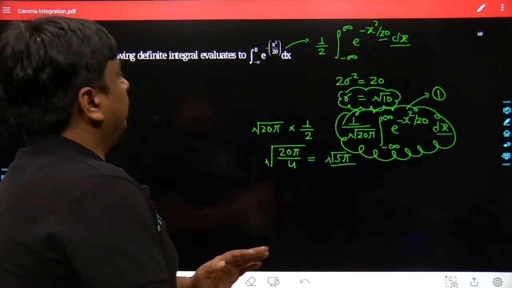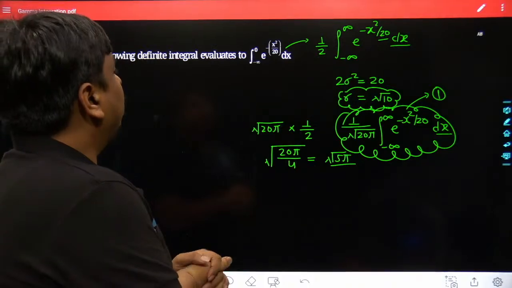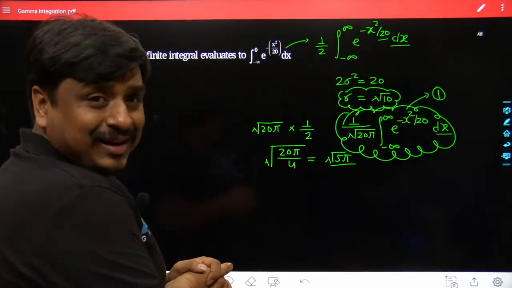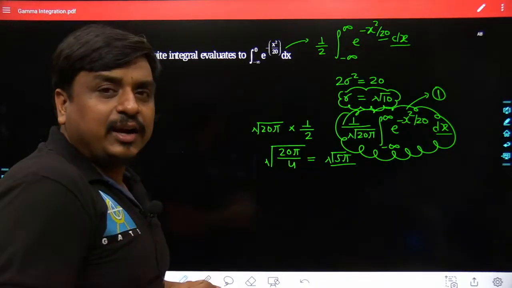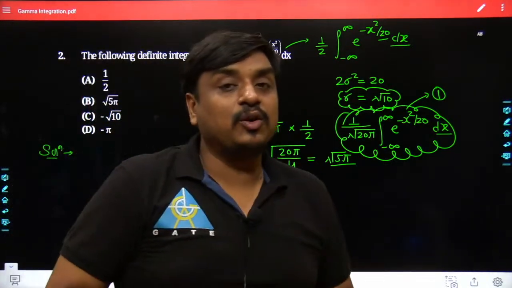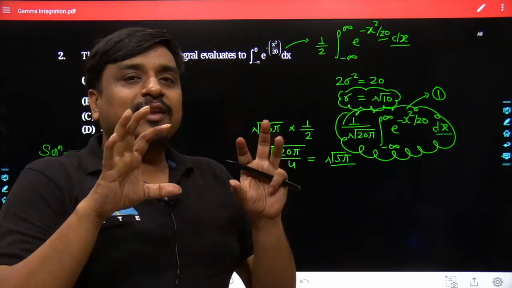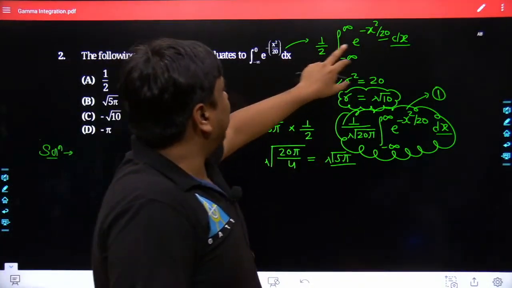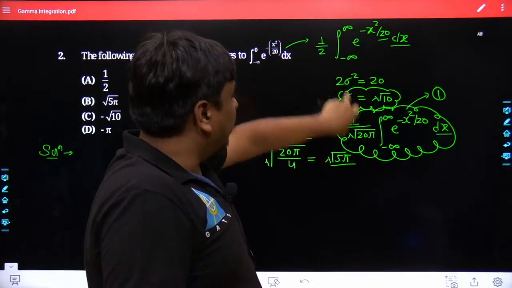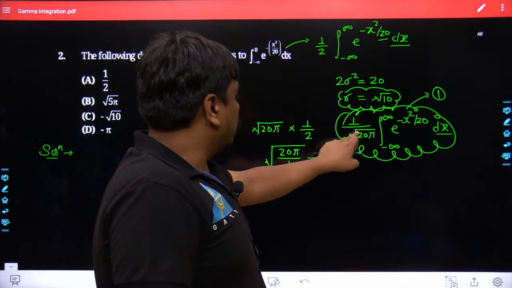So let me explain the complete process which we have been following once again. Whenever you have the integration which has been relevant to the normal or the Gaussian distribution, what I would suggest, try to correlate with the standard form of the normal or the Gaussian distribution. And try to understand what was the area under the curve. The area under the curve was 1. So that is why I try to feed all of the components into the standard form. Here I used to have 1 upon sigma root over of 2 pi.